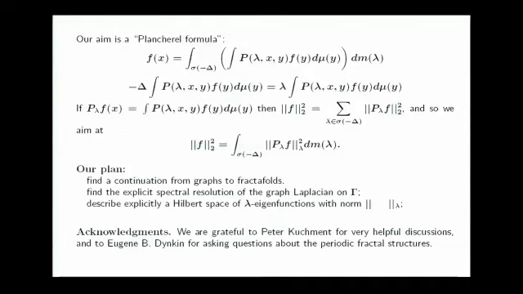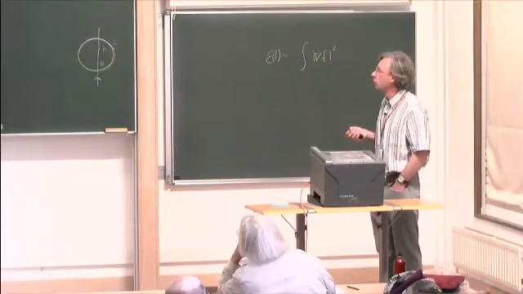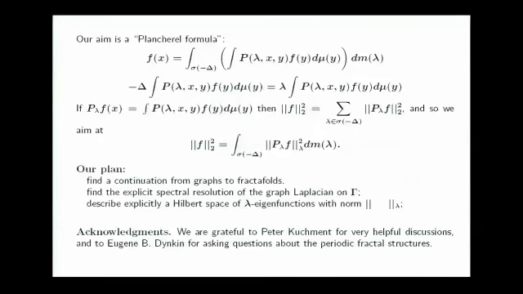It could have both a continuous spectrum and a discrete spectrum. So we would like to write a function as an integral over the spectral measure using spectral decomposition. In the Euclidean case, it would be just exponential functions here. And then on Lie groups, there is a well-known representation theory. We wanted to see how it goes on fractals.